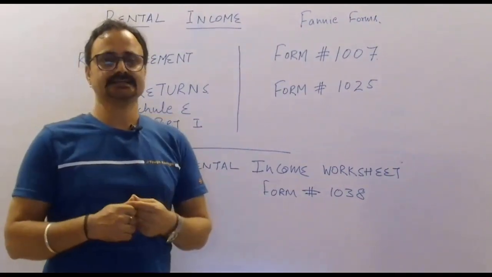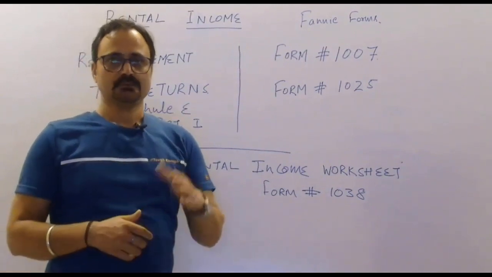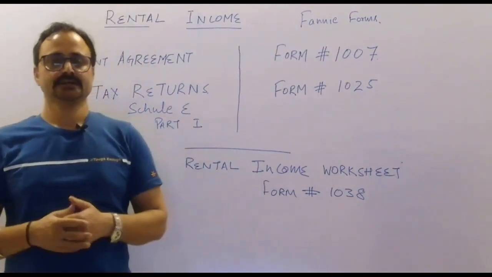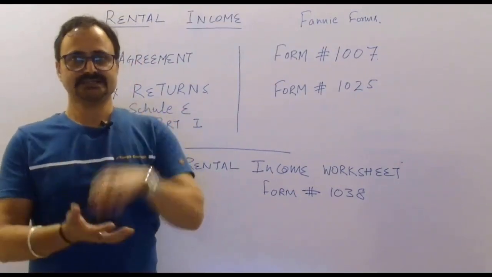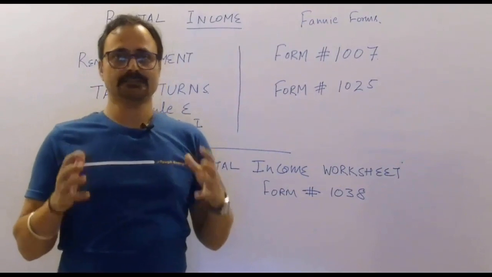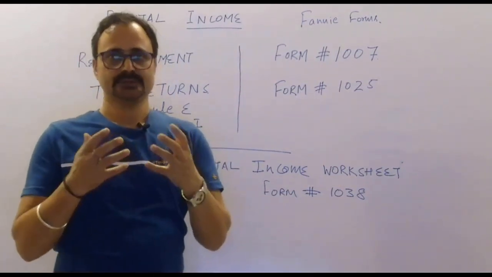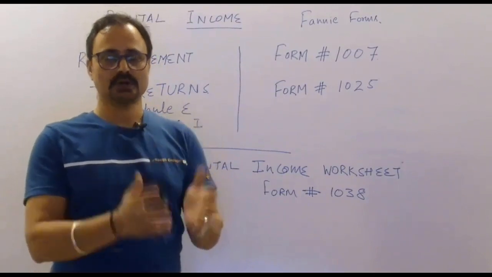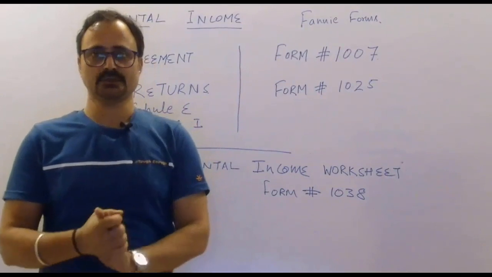So when is the tax return going to appear in your file? Whenever the borrower is receiving rental income from an existing property, that means a property that already exists in my name. I'm utilizing that property as a rental property, meaning I have rented out that property to someone else.